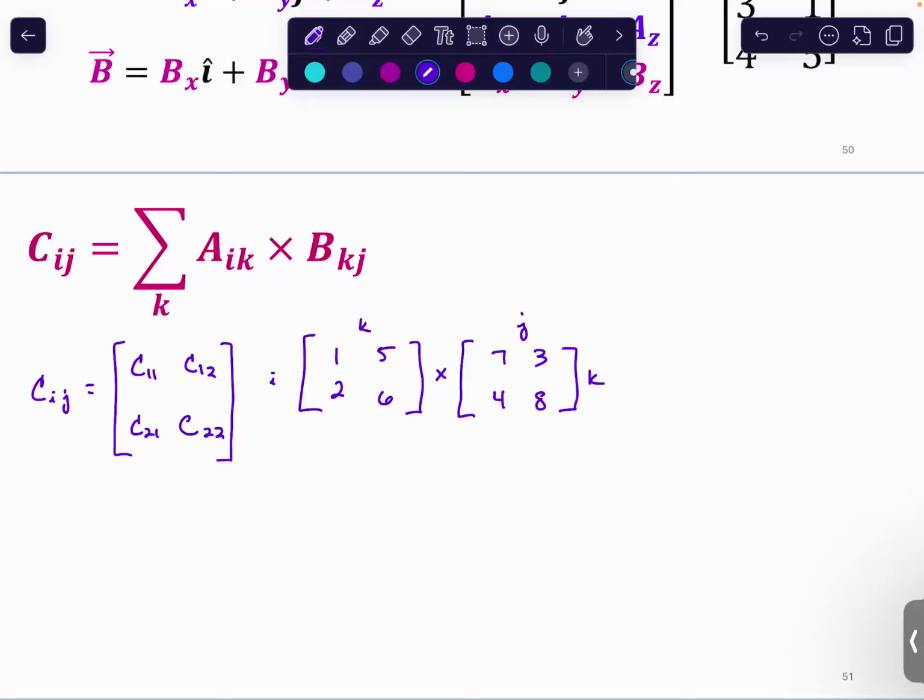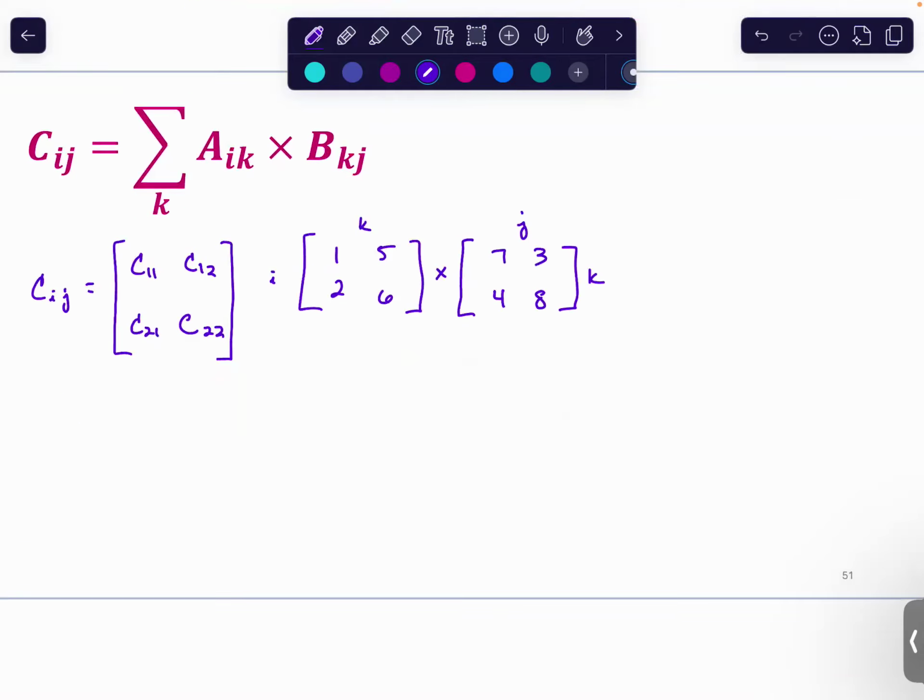Now I'm going to show you how this works, because you see the sum. I want you to make sense in your head of how what I show you fits with that formula.